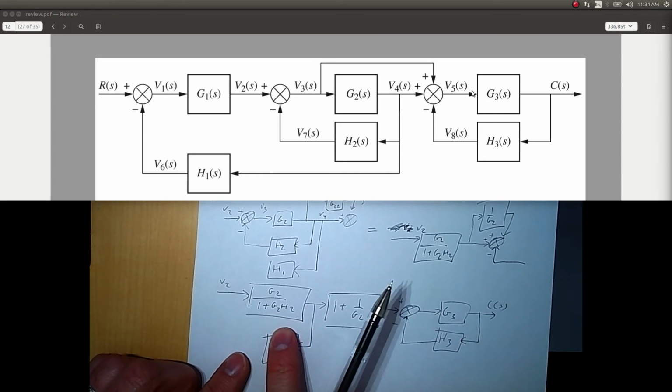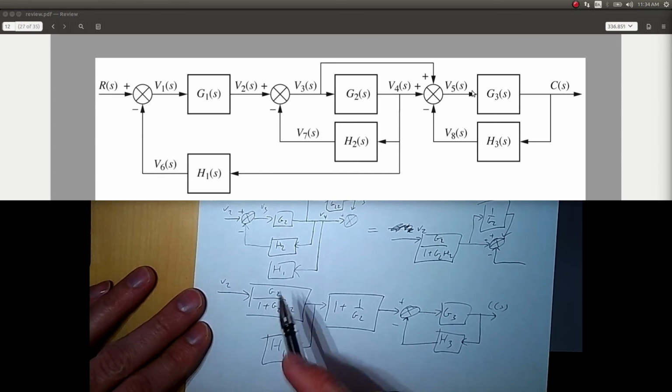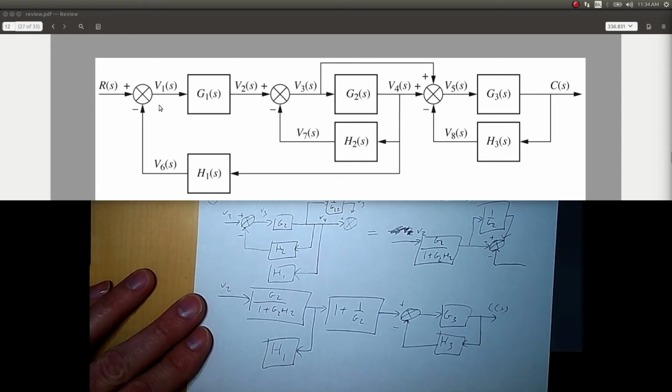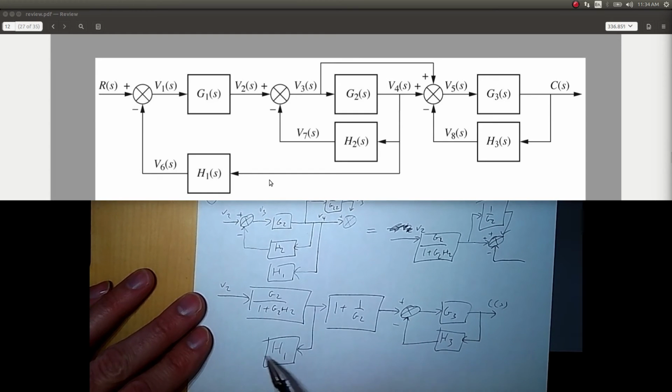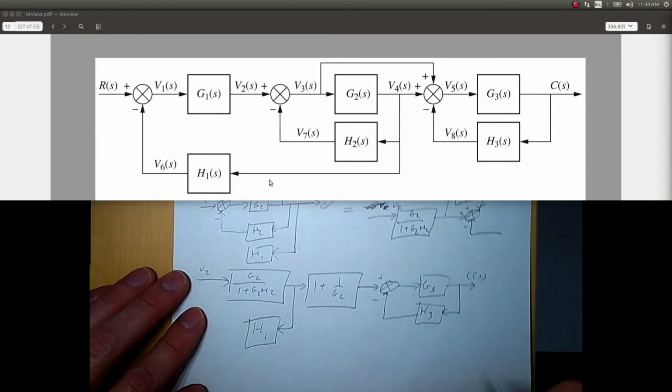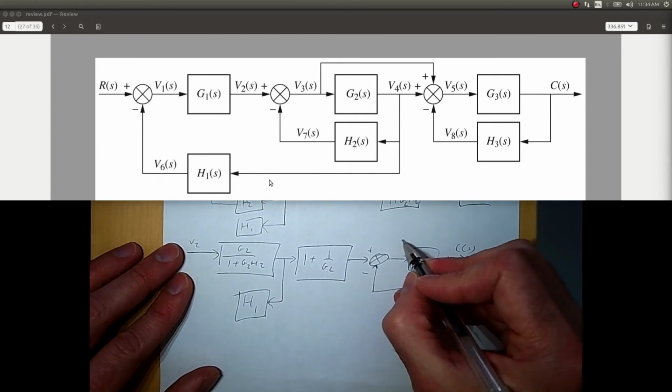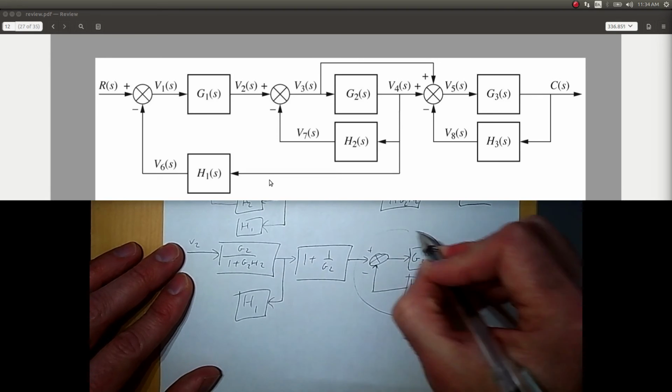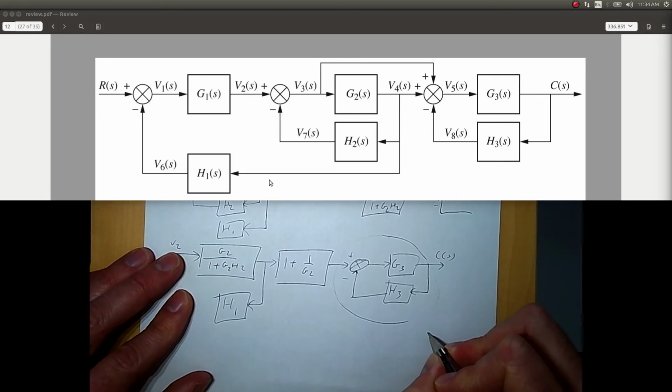But then we would lose this signal, and that would alter the result of this summing junction. So anyway, I just need to be careful to leave that in. And this, of course, is equivalent to G3 over 1 plus G3H3.